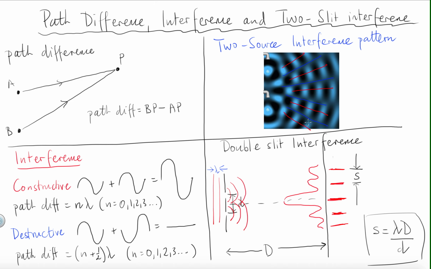So the double slit interference pattern is very similar to the two-source interference pattern because the planar wave diffracts around the slits.